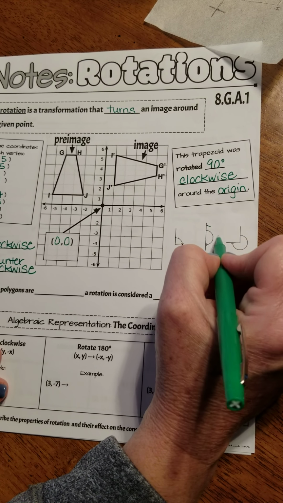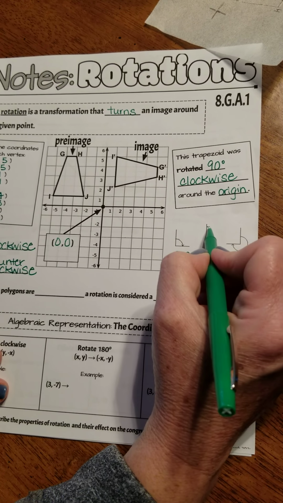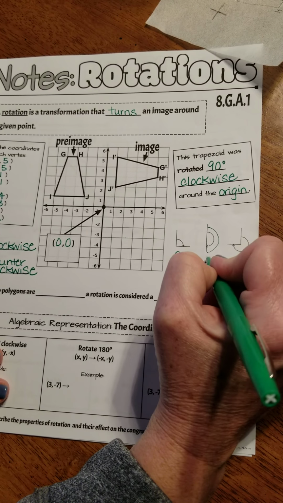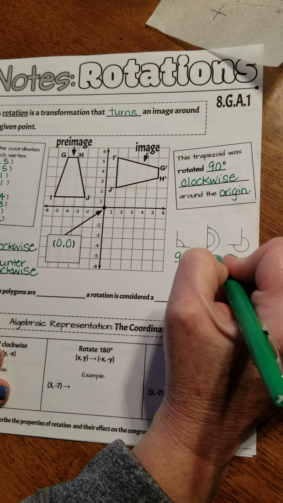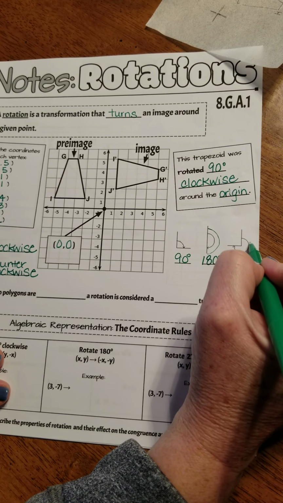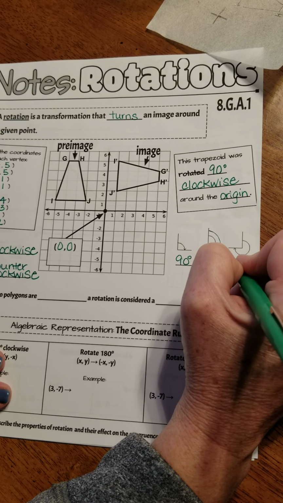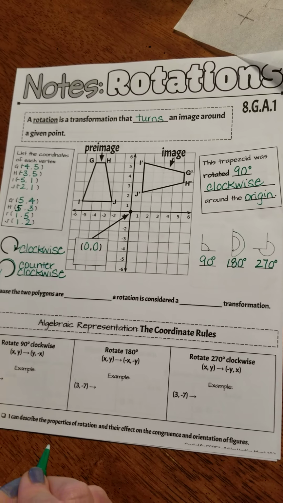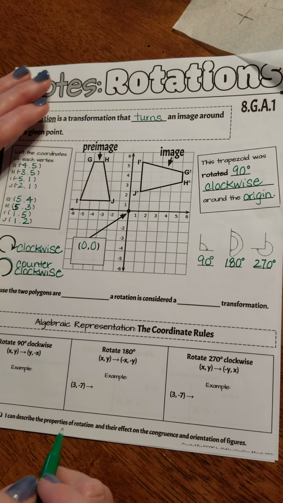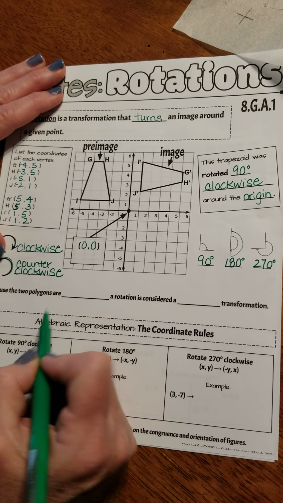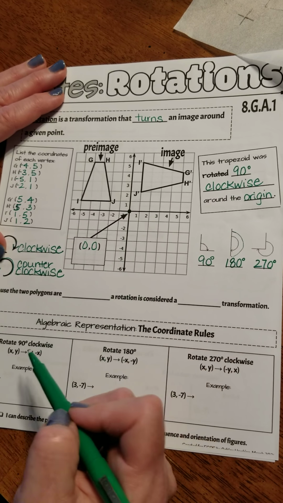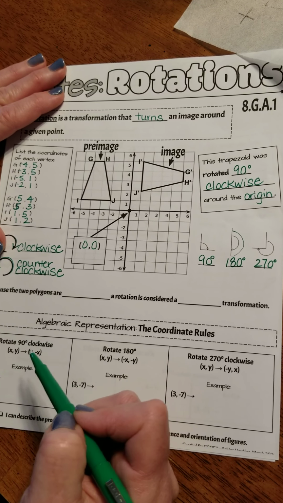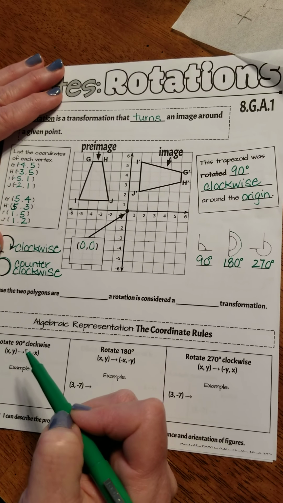The distance of a semicircle is 180 degrees. And if you were to go 3 right angles, that would be 270 degrees. So, again, think about what happened to our shape. Did the size or the shape change?